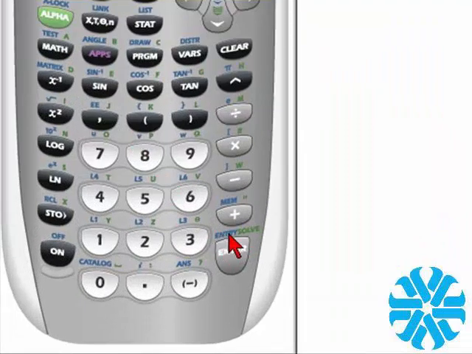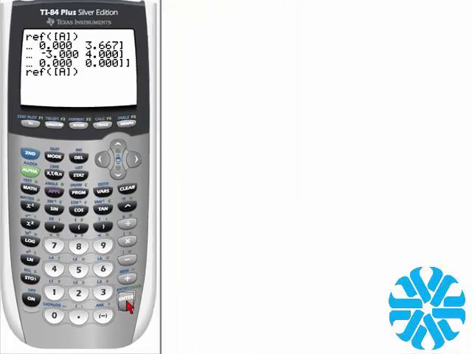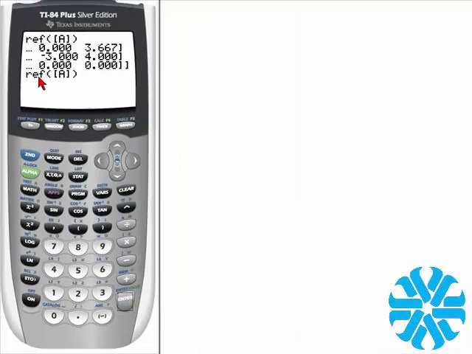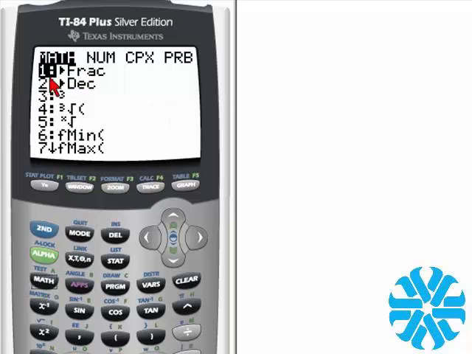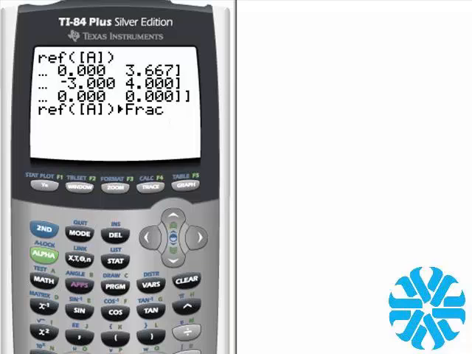So select enter. Now what we're going to do is put the fraction operation here. So we hit the math button and we want FRAC. Select enter and then enter again.